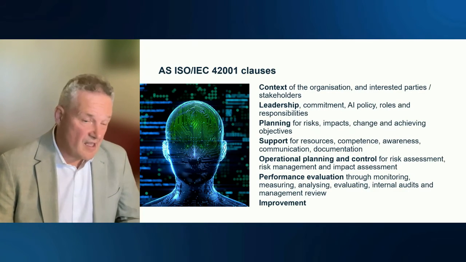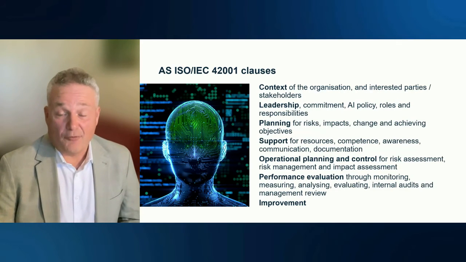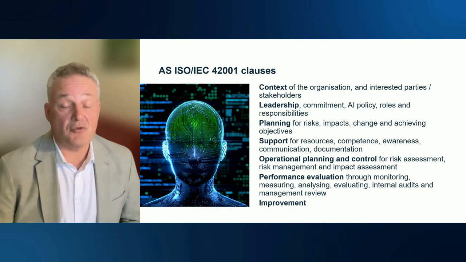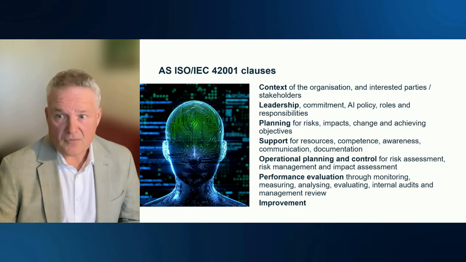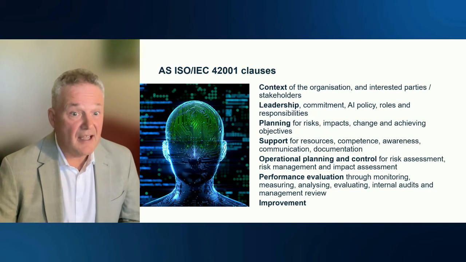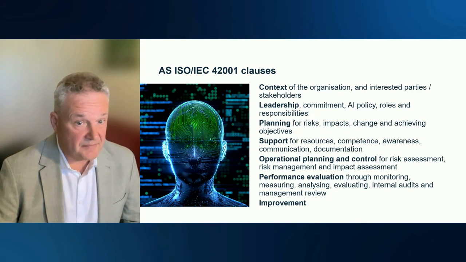In a way, we and 42001 are playing catch up. AI systems have been out there for a while. Only now are we structuring ourselves to manage those systems in a responsible fashion. So the standard allows it to be applied to existing and new systems alike.